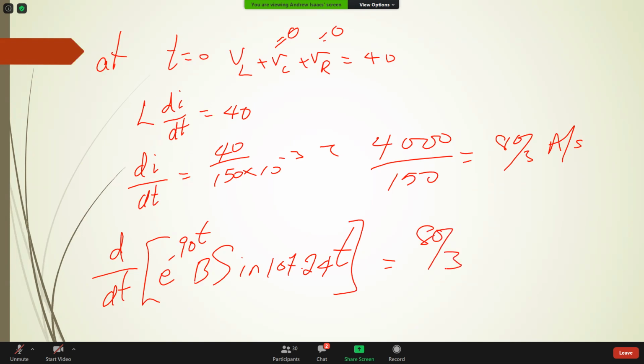How are we going to differentiate this? By parts, sir. Product rule. Exactly, product rule. And remember, all of this is occurring at what time? T equals 0. So differentiate, substitute T equals 0, and solve for it, please. Calculate B.